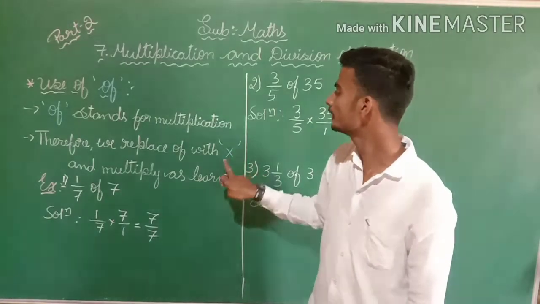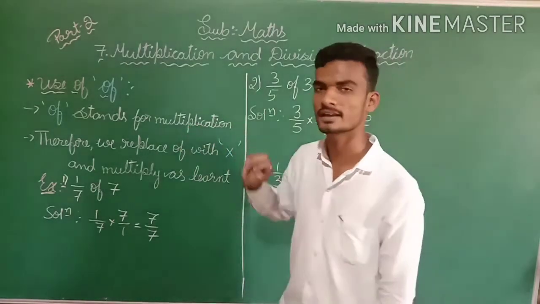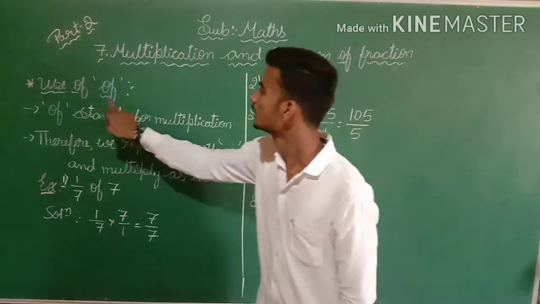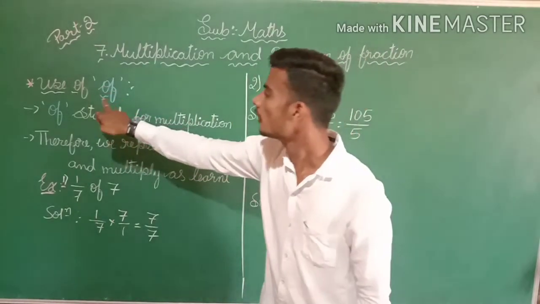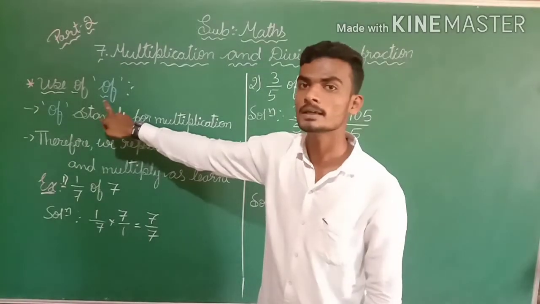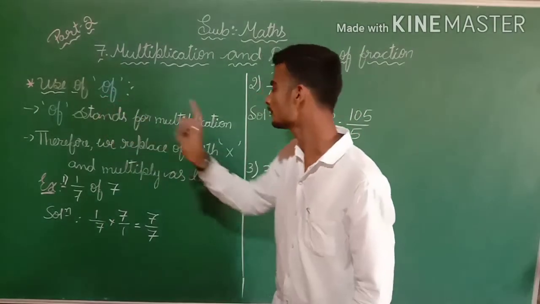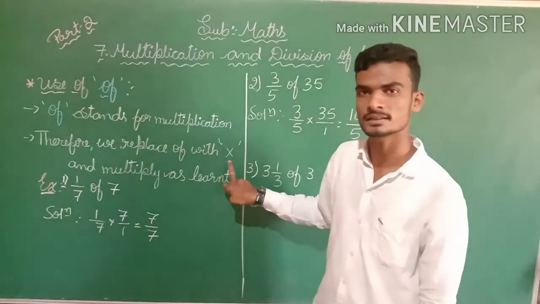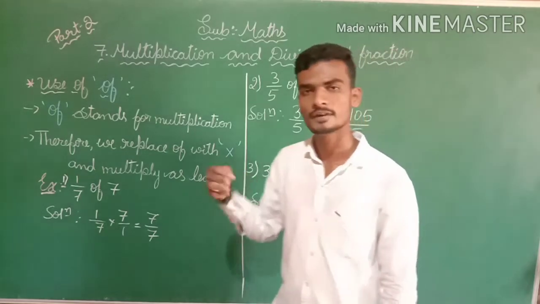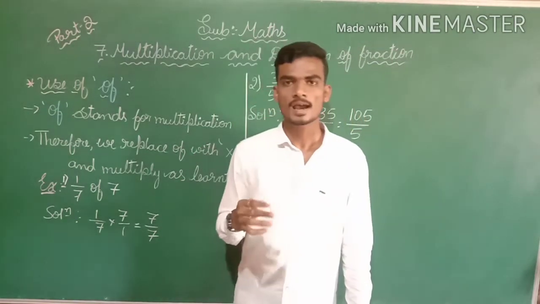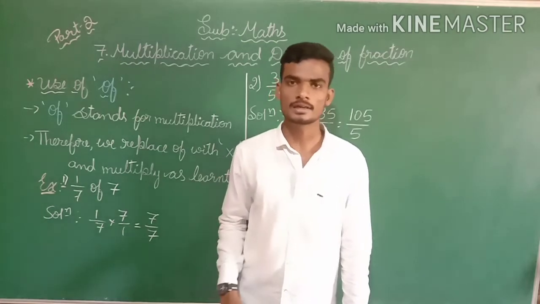Here, "into" indicates multiplication. So in the problem, if "of" arises, you have to write a multiplication symbol in its place. Then we solve the problem as we have learned.